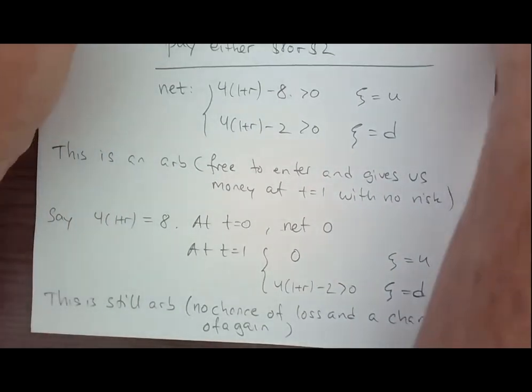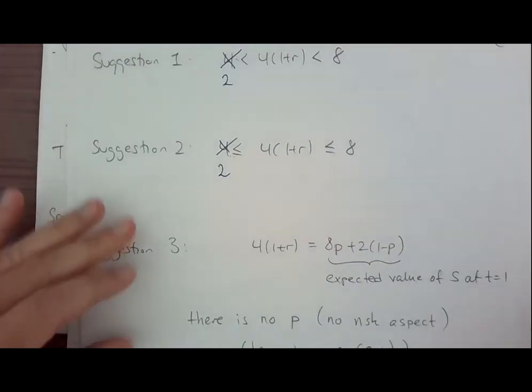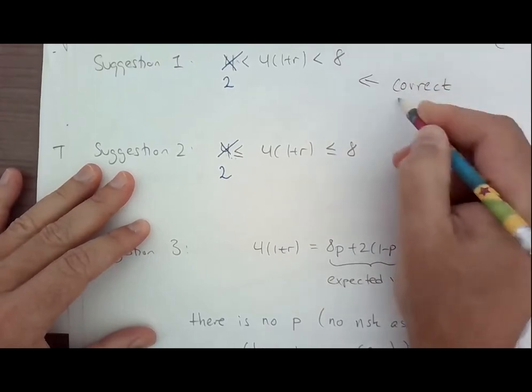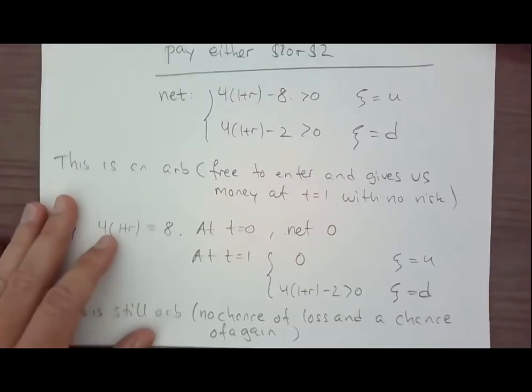So the case, this one here, the correct one is this one here. This is the correct one. And let me just write it down more formally so we can see it.